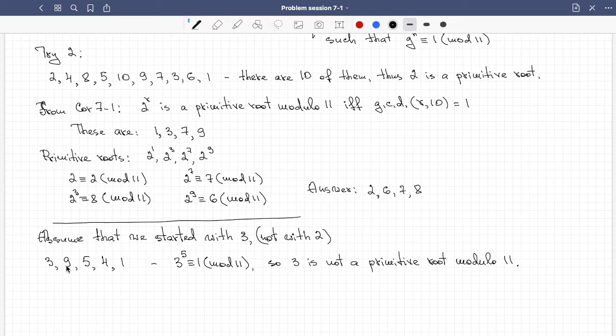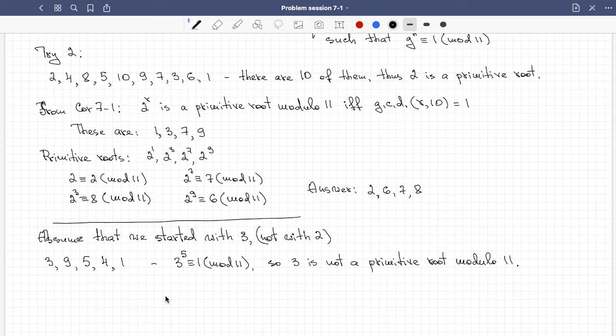So, at most, the fifth power of 9 is going to be 1 modulo 11. So, all these are also not primitive roots immediately. They are powers of something which is not a primitive root.